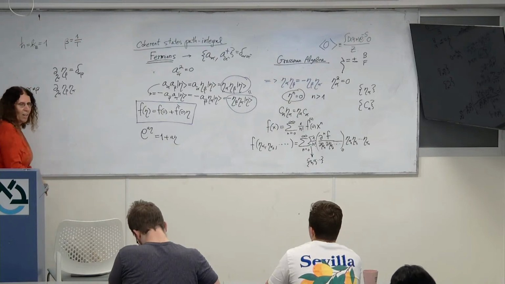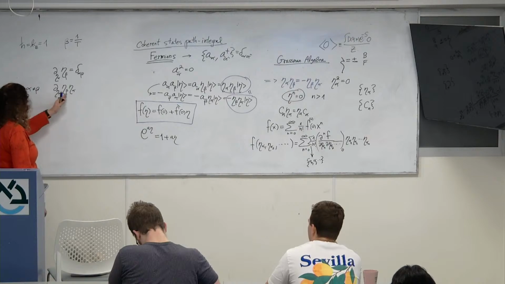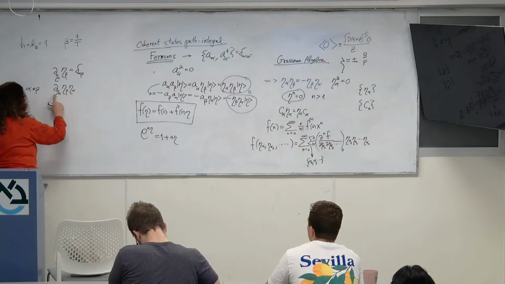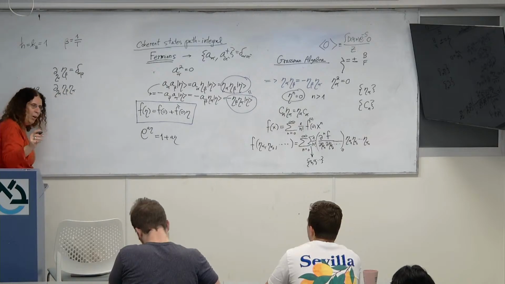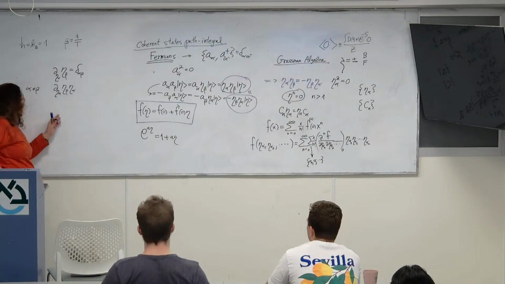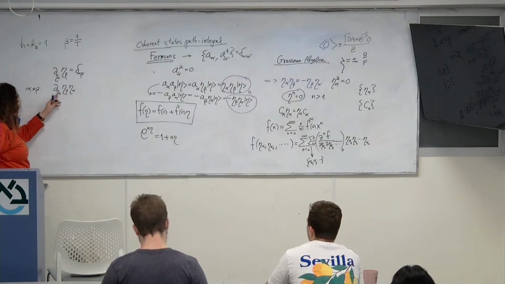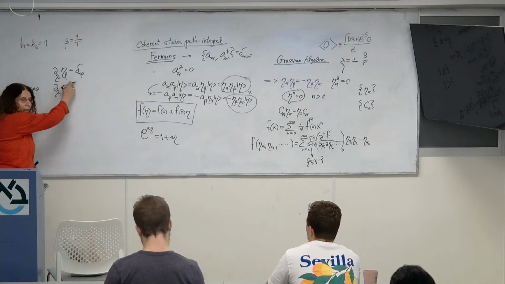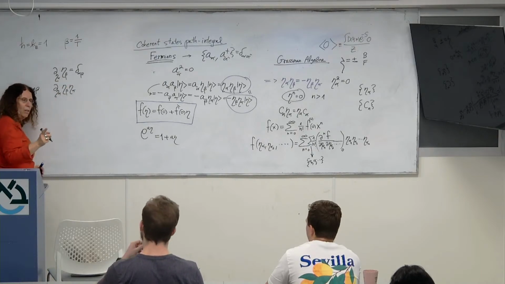Otherwise, it's trivially 0, so there's no question. But alpha is different from beta, so naively you say, beta is different from alpha, so why don't I take this and move it here and it acts on beta? You can change the minus sign.